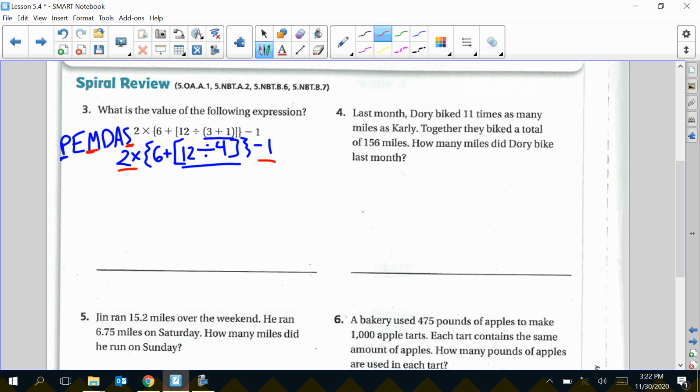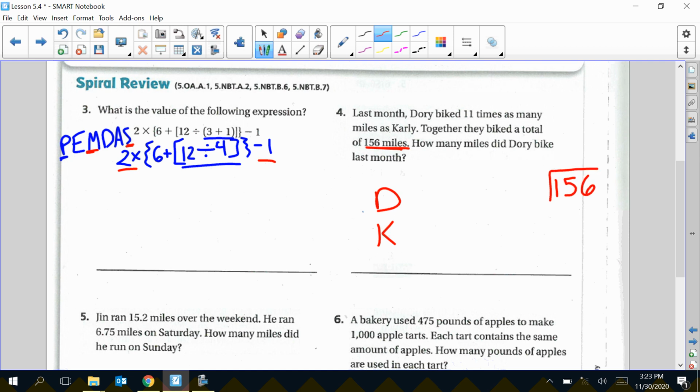Number 4, last month, Dory biked 11 times as many miles as Carly. So we have Dory and Carly. Together, they biked a total of 156 miles. So that is their total when you put them together. How many miles did Dory bike last month? When we have a total amount and we're breaking that apart, we know we're going to divide 156.